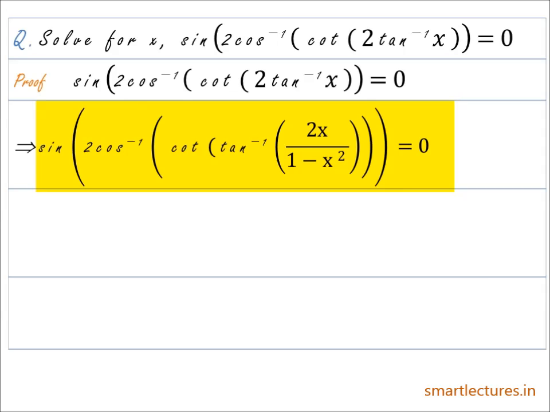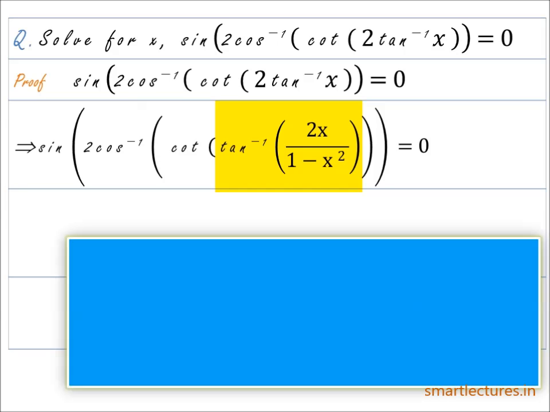Now the expression cot of tan inverse 2x upon 1 minus x square can be easily simplified if we can write tan inverse 2x upon 1 minus x square in some cot inverse representation. And by now you already know that tan inverse x is equal to cot inverse 1 upon x.